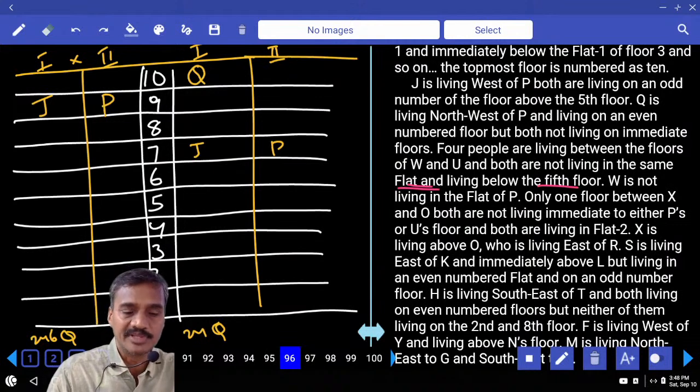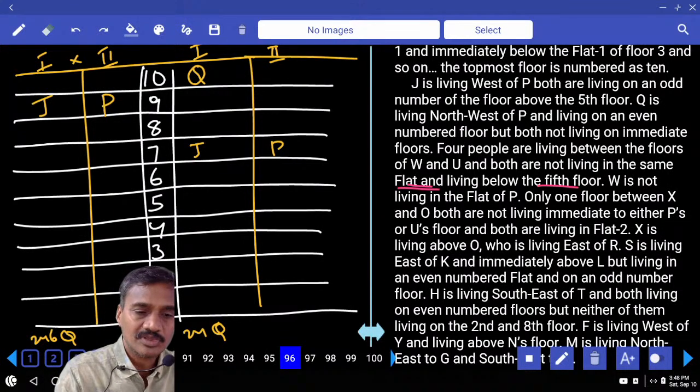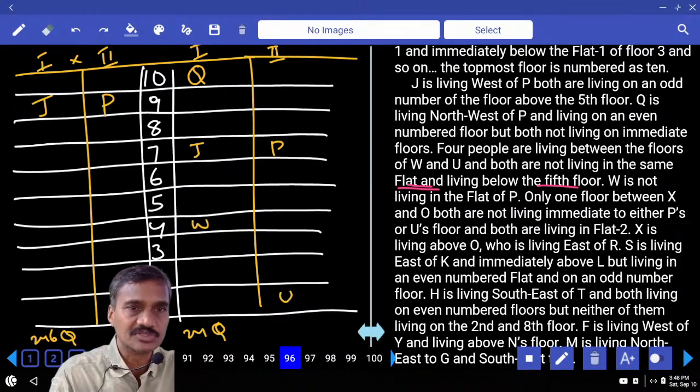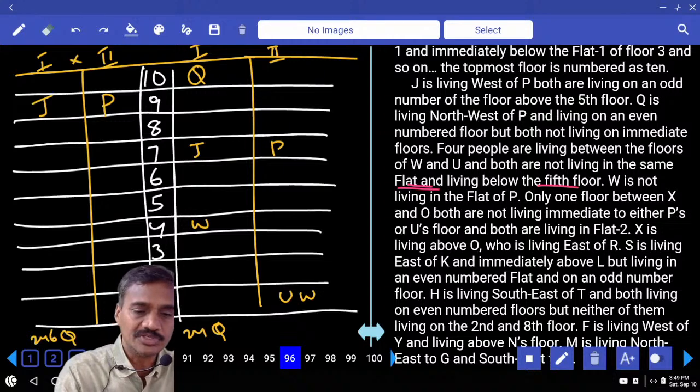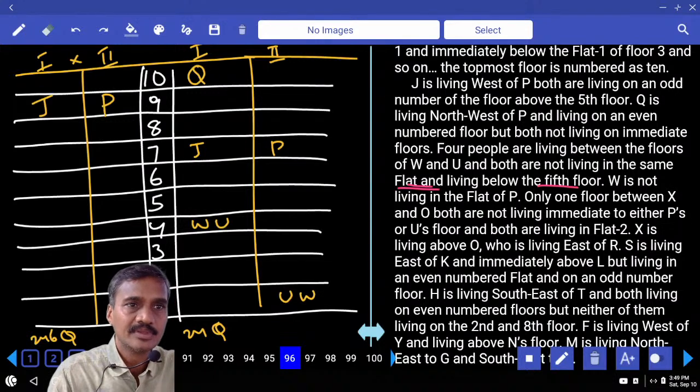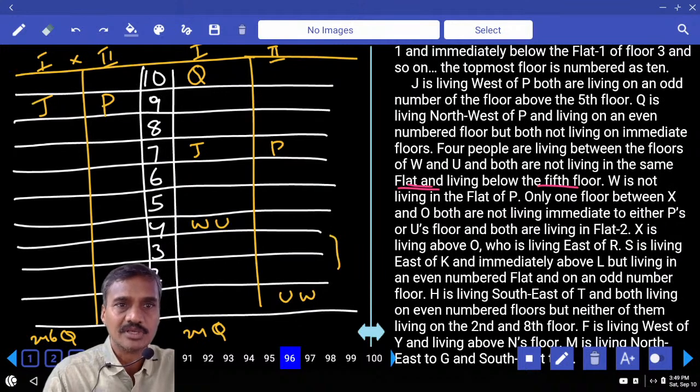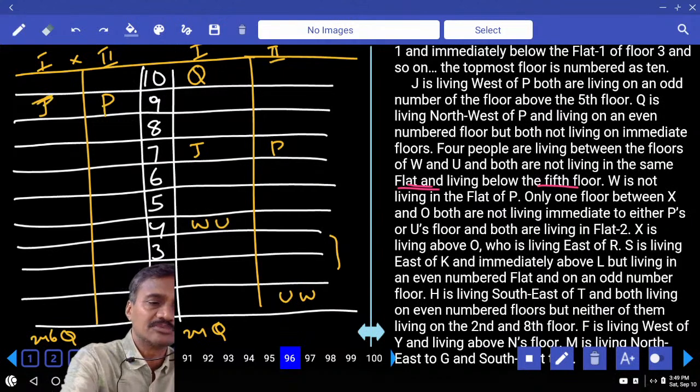What does that mean? Below the 5th floor and below W or U. Where W is, 4 persons, U is here, or W is here, U is here. Isn't that the possibility? We have 4 people, 2 flats, 2 floors. 2 floors means 2 into 2, 4. And there is another possibility. What is the next possibility we have?